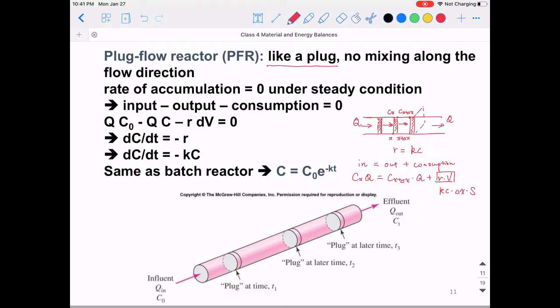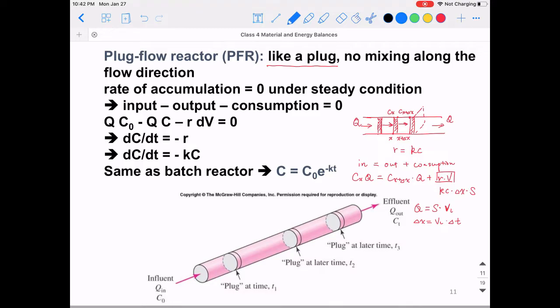Further, we have the relationship that Q is equal to S multiplied by the velocity of the liquid. And delta x is equal to the velocity of the liquid multiplied by delta t.